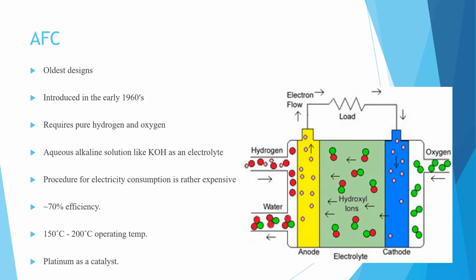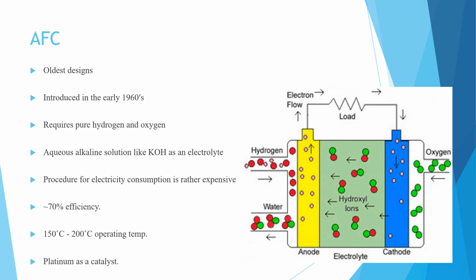It requires pure hydrogen and oxygen as a fuel, potassium hydroxide or KOH as an alkaline solution or electrolyte, and platinum as a catalyst. The efficiency of this fuel cell is near 70%.